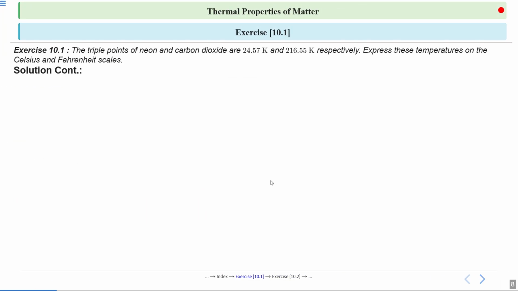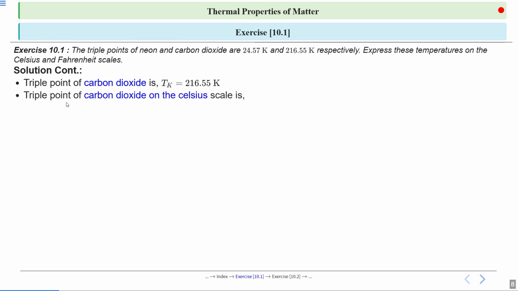Now, triple point of carbon dioxide on the Celsius scale. So the triple point of carbon dioxide is Tk equal to 216.55 Kelvin and the triple point of carbon dioxide on the Celsius scale is 216.55 minus 273.15.